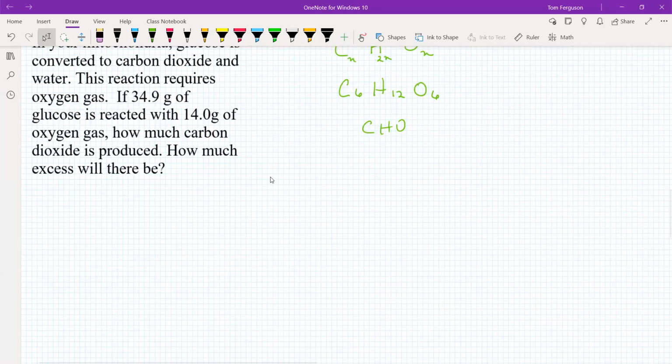So we have two givens. We have oxygen gas, we have glucose. So it's going to be a limiting reactant problem. So let's start with oxygen gas this time.